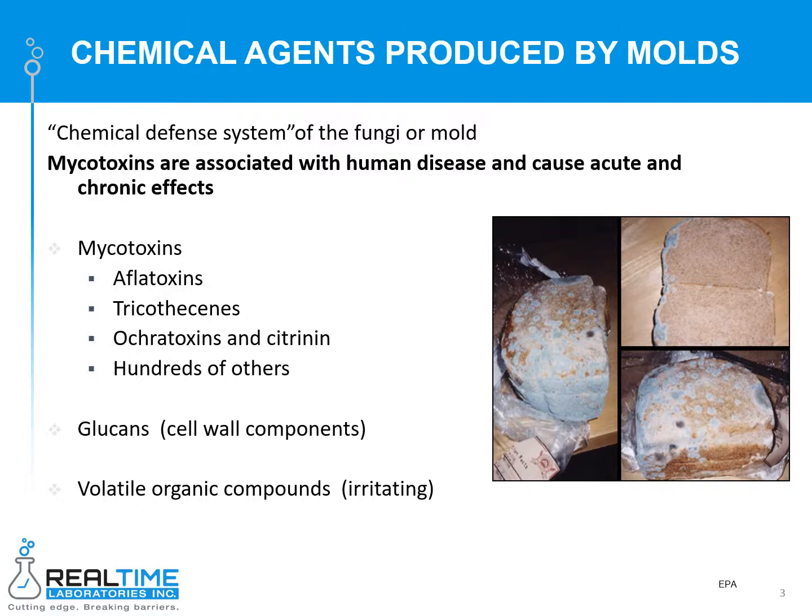Ochratoxins and citrinin can cause nephropathy and immunosuppression. Aflatoxins are hepatotoxins, or liver toxins, and they are carcinogenic, or they produce carcinogens. The glucans are cell wall components, and the volatile organic compounds that they produce are very irritating to skin, eyes, and organs.